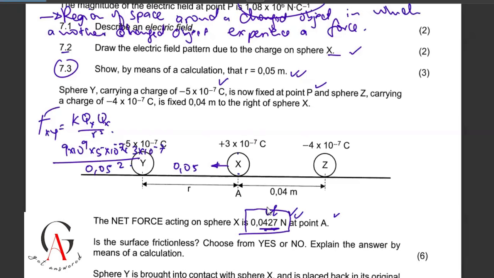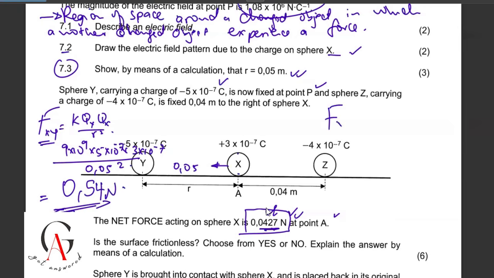When I punch this into the calculator, that's 9 times 5 times 3, then times 10 to the power of minus 14 plus 9, which is a 5, so 10 to the negative 5, divided by 0.05 squared, which gives me 0.54. This is the force that I'm getting, Fxy.